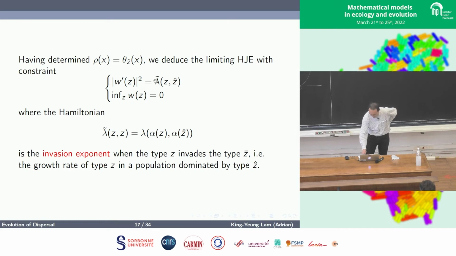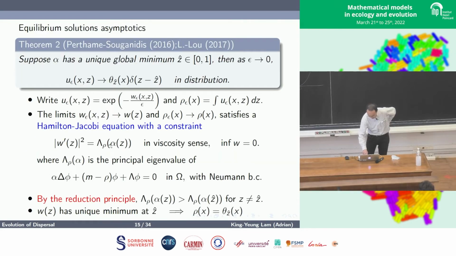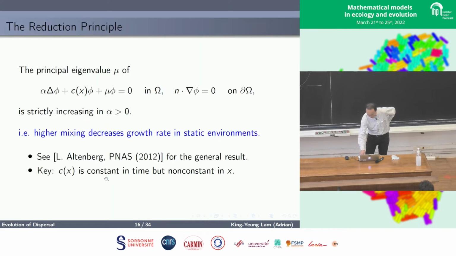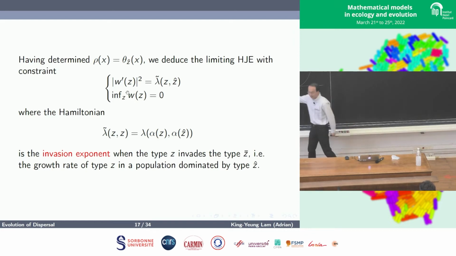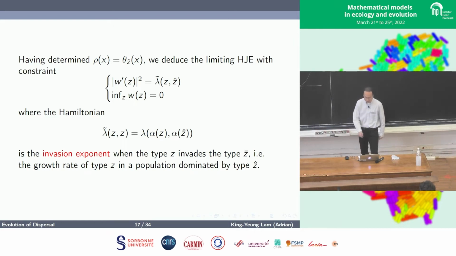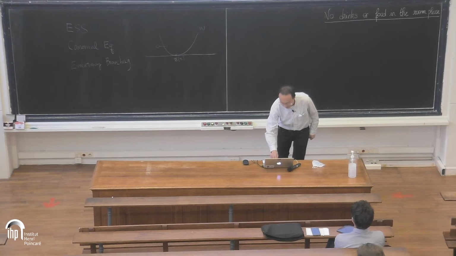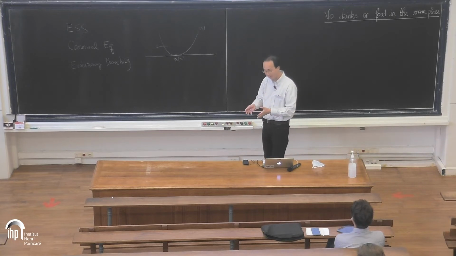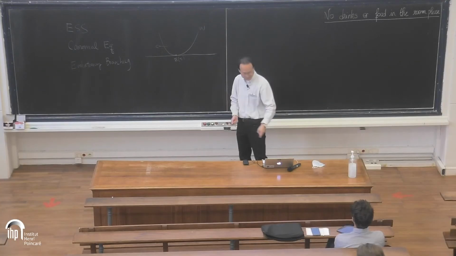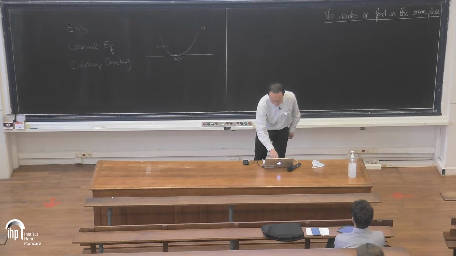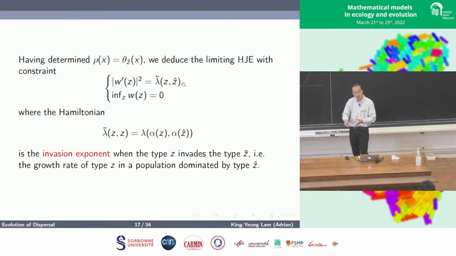The effective growth rate depends on rho, but we know rho. So now we obtain this equation, which again is connected with adaptive dynamics. In fact, the effective growth rate is the same one used when considering two-species competition. This is the invasion exponent that tells us whether a type z can invade a type z hat at equilibrium.